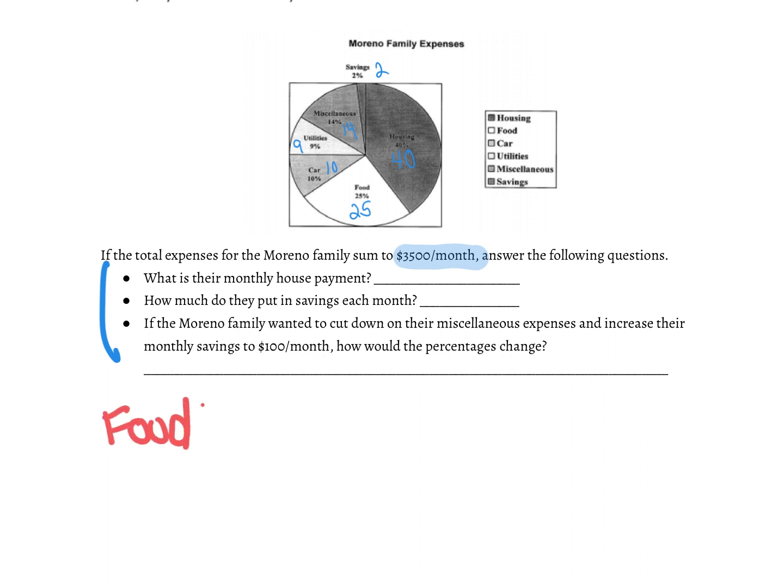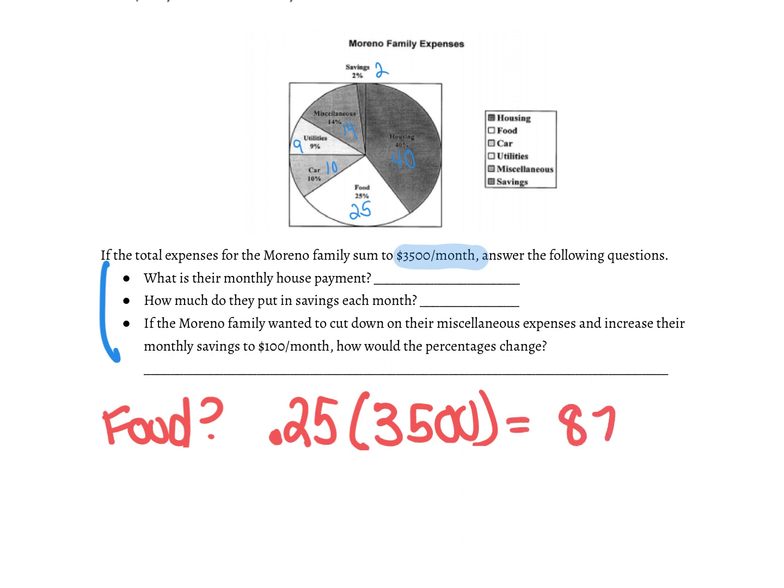Okay, so we know that 25% is spent on food, so we're going to have 25%, but whenever we do numbers with percents, we never use a percent, we use a decimal, so we do that by moving it to the left, and then we're finding that percent out of the whole, which is $3,500. When we multiply those two together, we find that they spend approximately $875 a month on food.